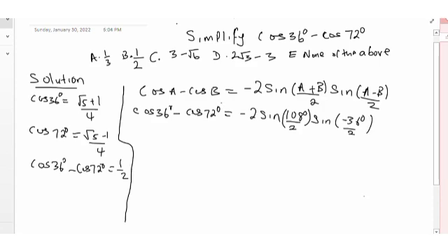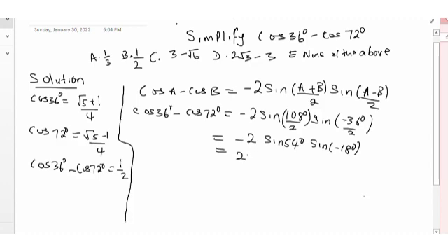So this gives us minus 2 sine 54 degrees, sine minus 18 degrees. So the minus will multiply minus, so we have plus.